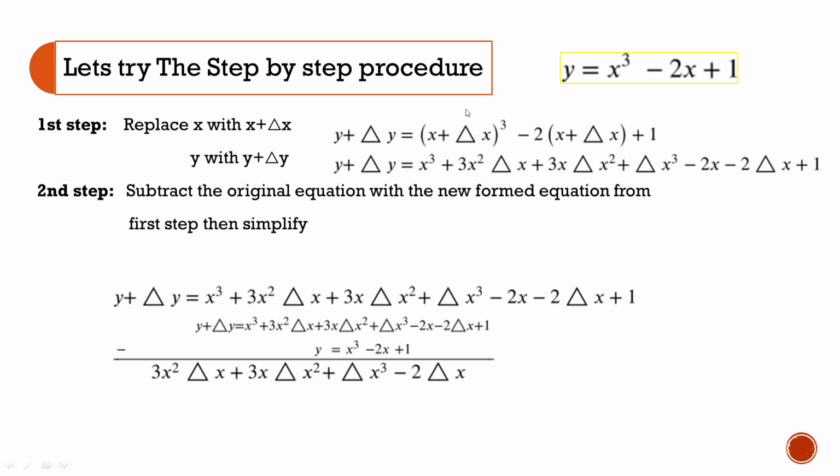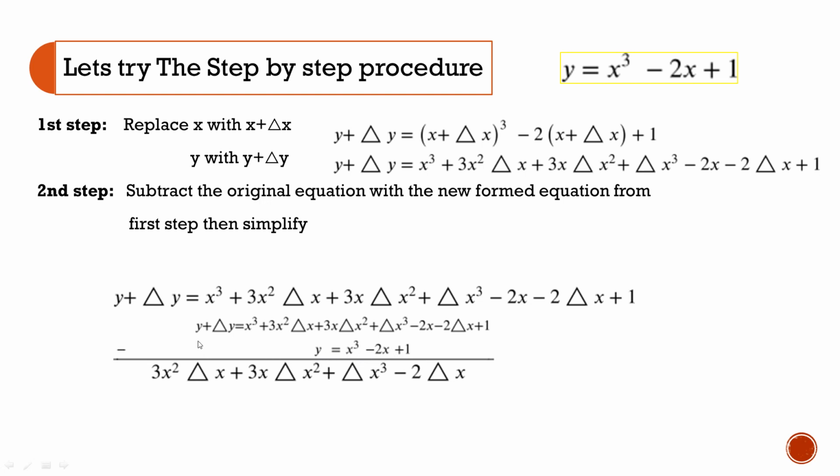Okay, so the second step is to subtract the original equation from the new formed equation from the first step and then simplify. So this is the new formed equation. We just call that, and then we subtract the original equation, which is y is equal to x cubed minus 2x plus 1.